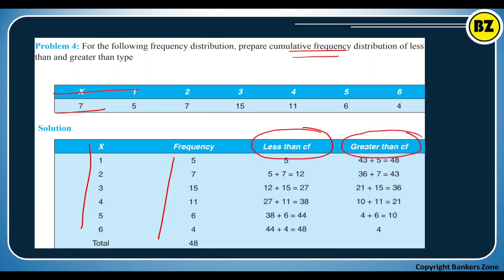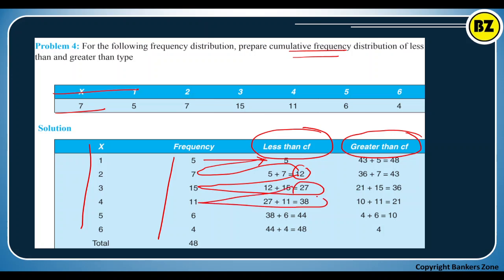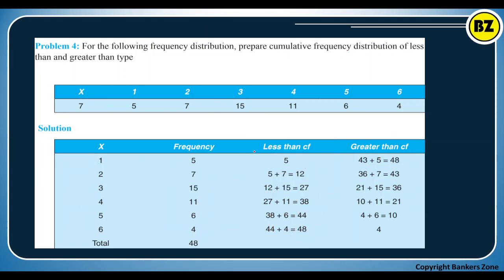How to find the less than cumulative frequency? Very easy. The first frequency is 5. To find the next, just add: 5 plus 7 you get 12. Next, 12 plus 15 you get 27, 27 plus 11 you get 38, 38 plus 6 you get 44, 44 plus 4 you get 48. So here, less than means you have to start with the lower value.